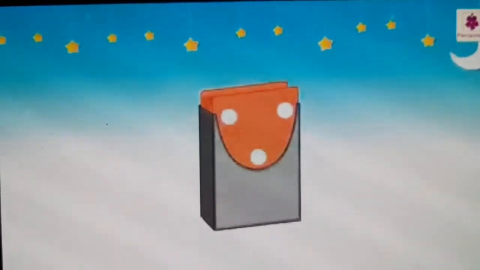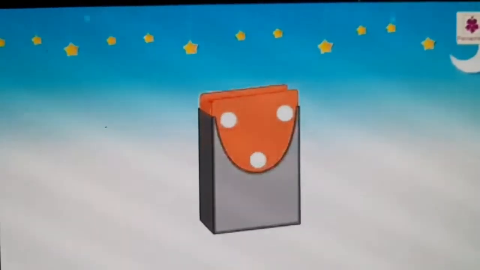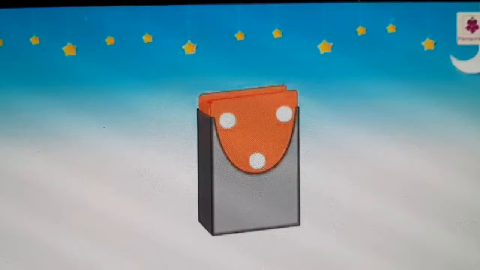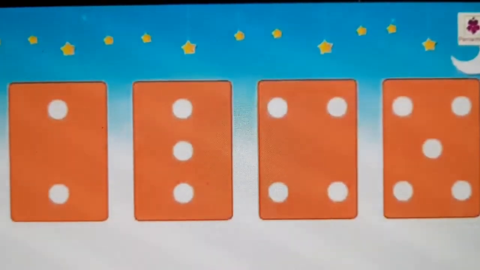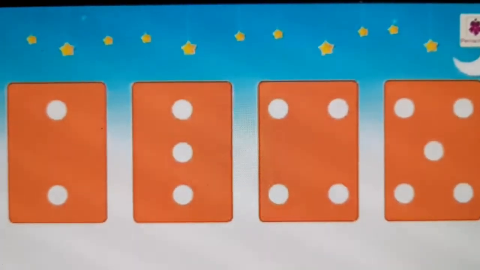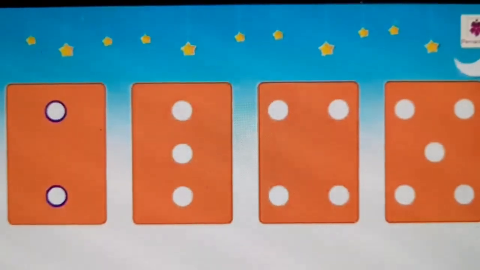Look at this pack of flashcards. Each card has a pattern of dots. We have arranged a few cards according to the increasing order of the dots, starting with a card with 2 dots, 3 dots, 4 dots, 5 dots.